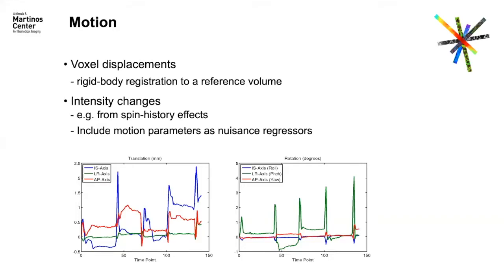In this kind of situation, you can use the motion parameters that you can get from the scan. You will get 3 translation parameters and 3 rotation parameters across 3 different axes, and you can use those time courses, for example, in your GLM analysis as nuisance regressors. So you can see how much those time courses explain the variance in the data.